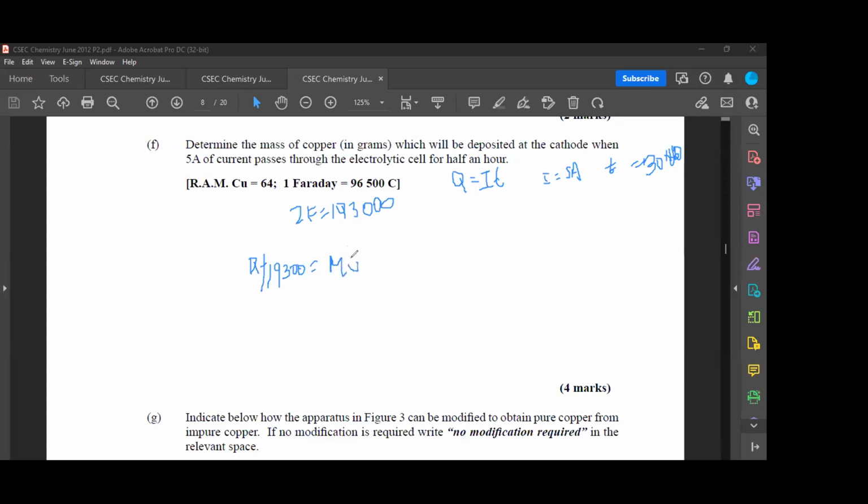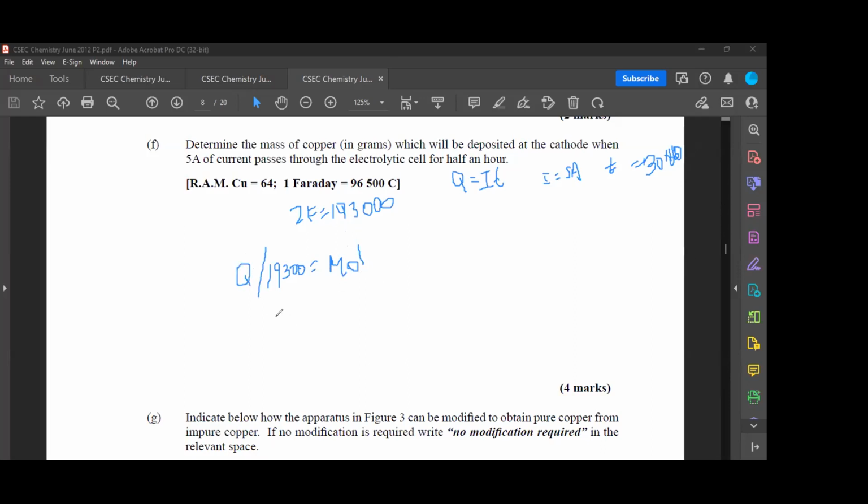Now the moles that you get, how do you move from moles to mass? Sir, come again. What did you say? How do you move from moles to mass? Times by the molar mass.